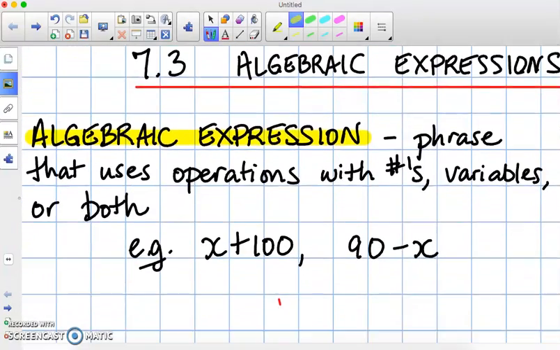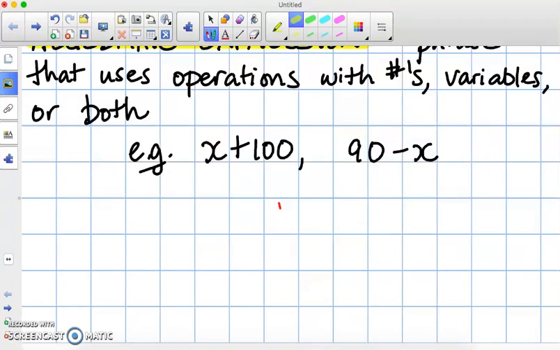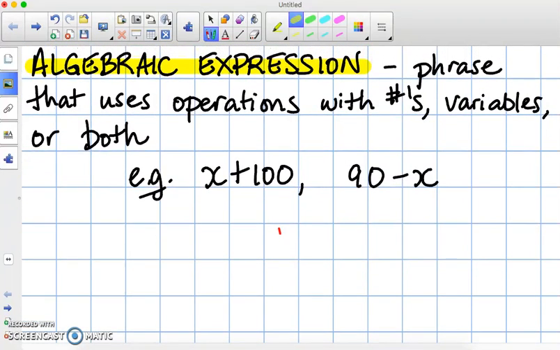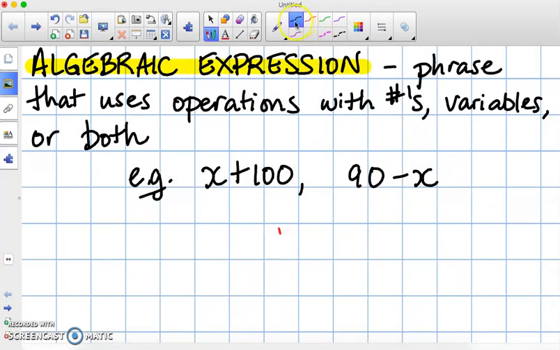Now I'm going to move on to the next definition. So please jot this down as well. The next definition we'll deal with is a variable. And variables you should be familiar with by now, but let's formally define variable.